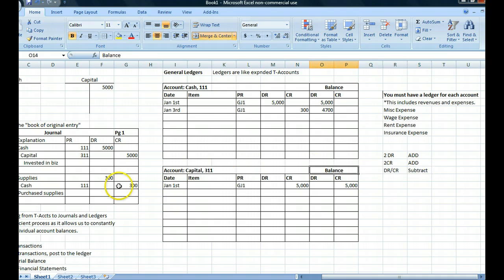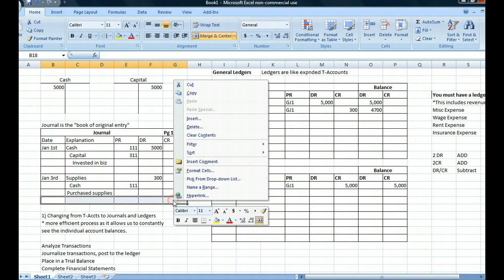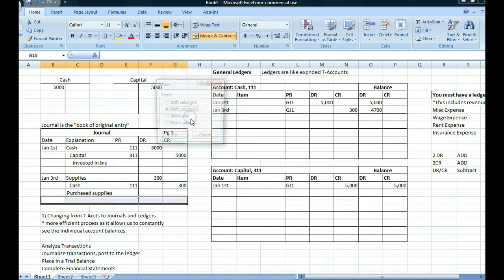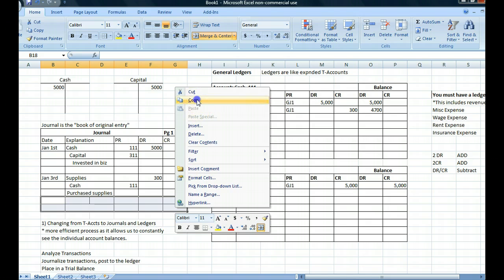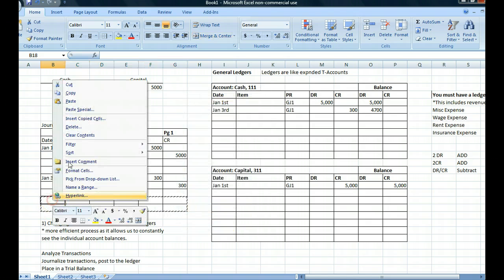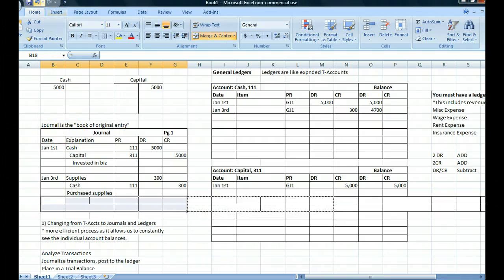Let's say I'm going to make another entry down here. I'm just looking at the cash account right now, but you would do this for every single account.